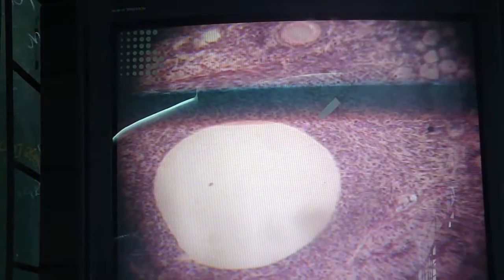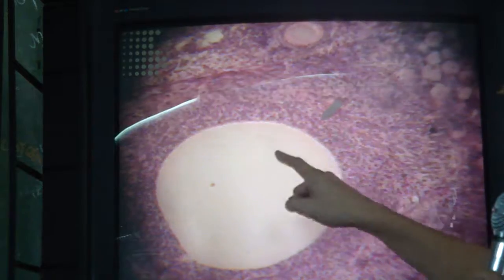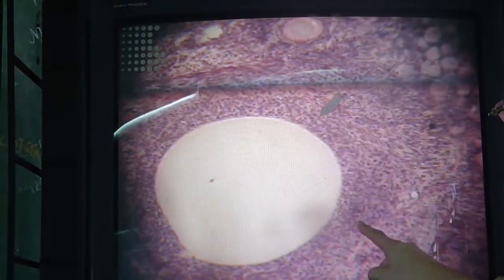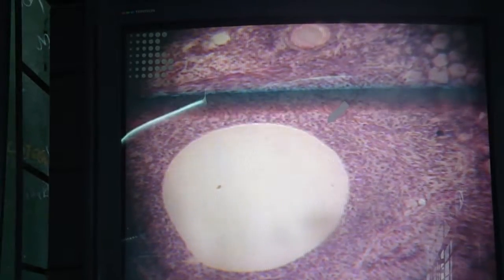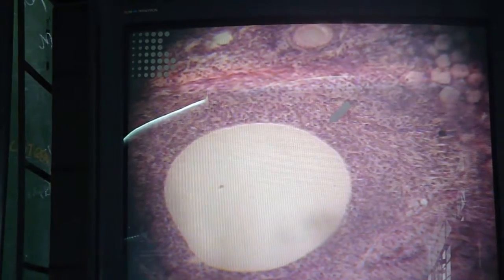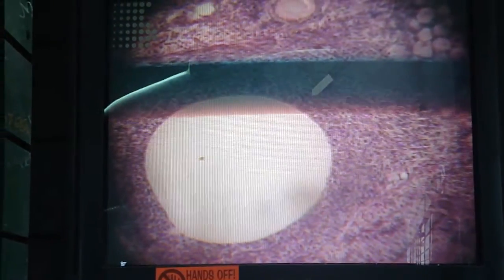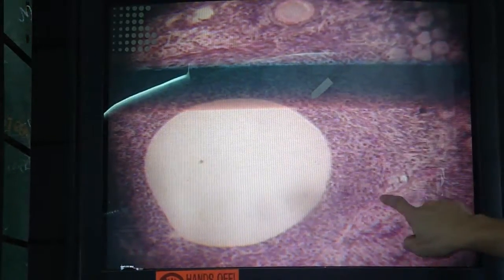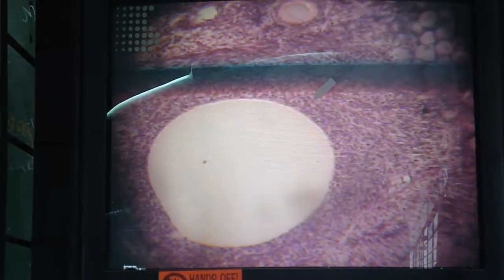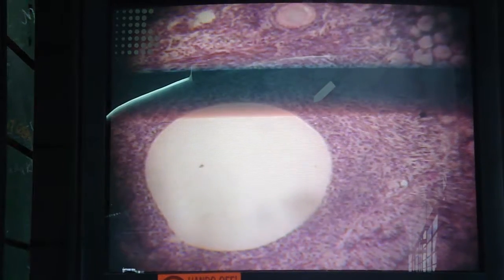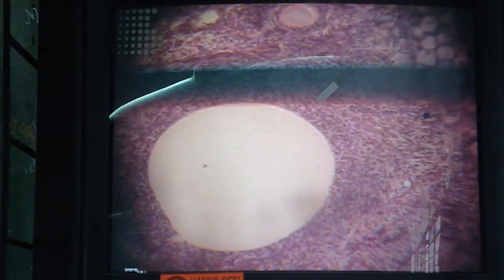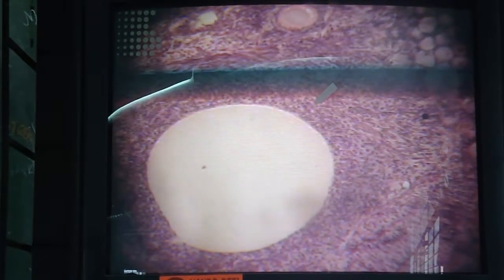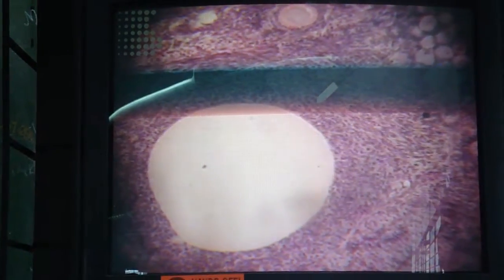Again, these are the follicular lining. This area is the vascular area. It is the area where it secretes your estrogen, that is your theca interna. The outer portion here would be more of fibrous tissue, that is tunica externa. So we are interested in the pointer, the theca interna. The organ is the ovary.